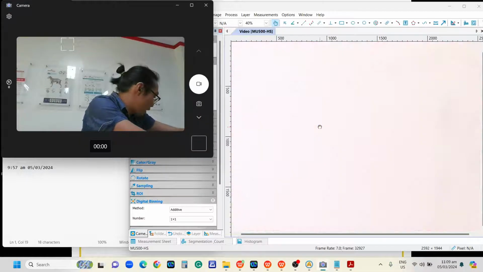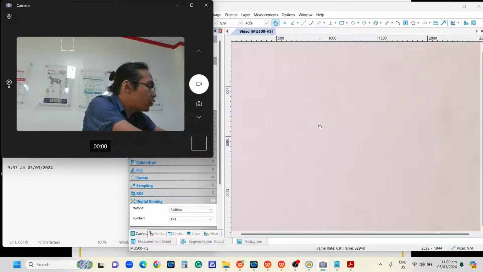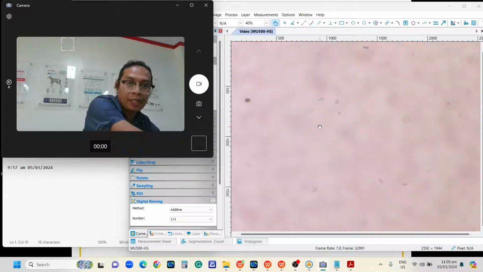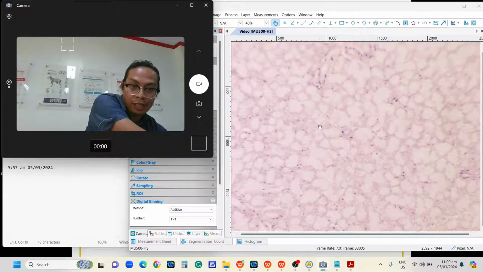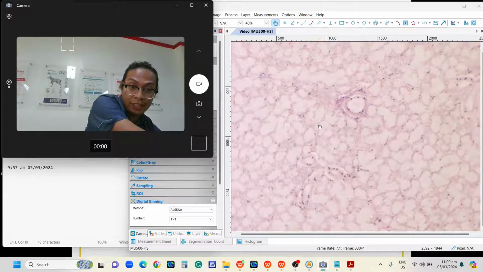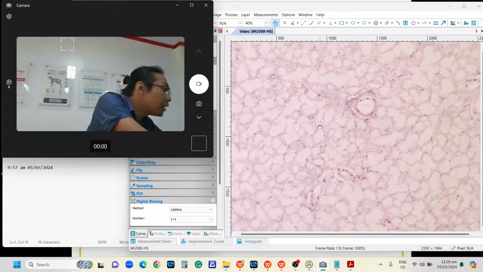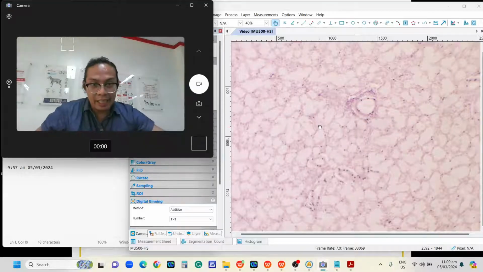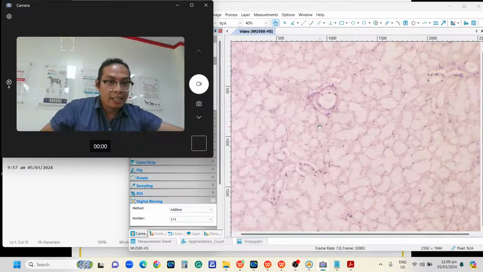And finally, a compound tubulo-alveolar gland. A compound tubulo-alveolar gland. So such as this submaxillary gland. This is again a salivary gland.